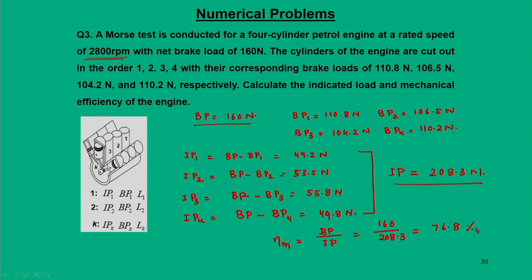Remember one thing, we have been given the load, but our analysis was done in IP 1, IP 2, IP 3 because intentionally 2800 RPM is common for all the loads. So, N will get cancelled.